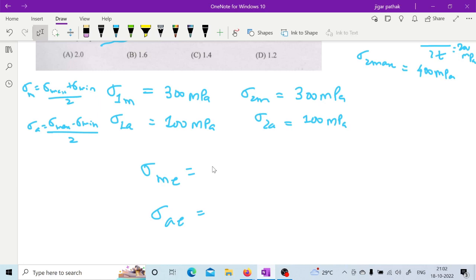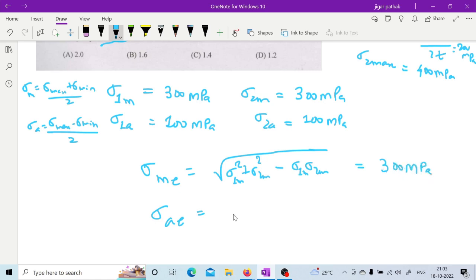So actually both you will get the same, because here it is sigma 1m square plus sigma 2m square minus sigma 1m sigma 2m. As you can see, sigma 1m is equal to sigma 2m, it will be any of them, which is the same, and the same will happen to the alternating also. Yes or no?